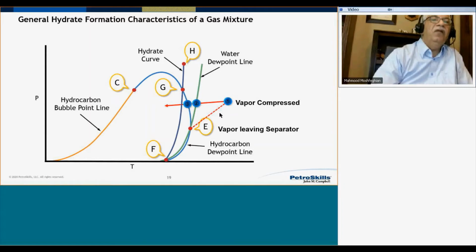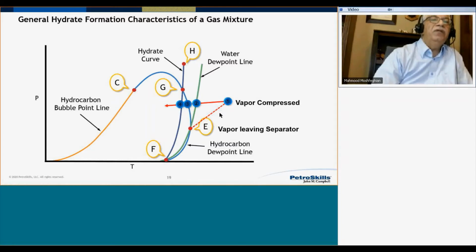But if I cool further down till I get to point 3, where I intersect the hydrocarbon dew point, the first drop of liquid hydrocarbon forms. Now I have a gas phase, a liquid water phase, and a liquid hydrocarbon phase. But I'm still to the right of the hydrate formation curve, so no hydrate formation. But as the gas moves through the pipeline and cools down further, now we form hydrates.